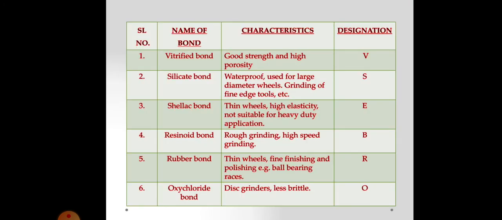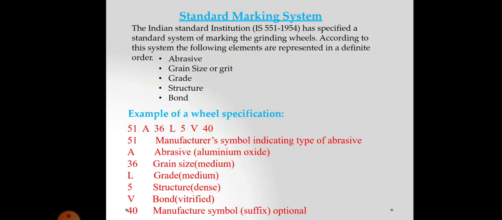These are the different characteristics of the bonds. The name of the bond is indicated on the left side, along with characteristics and designations. For the vitrified bond, these are the several properties, and the designation is also given. Each and every bond is used for different applications.